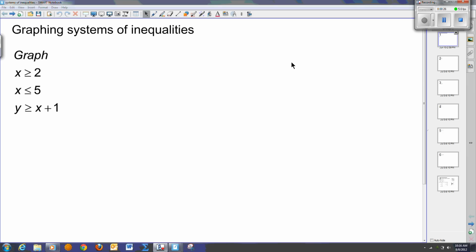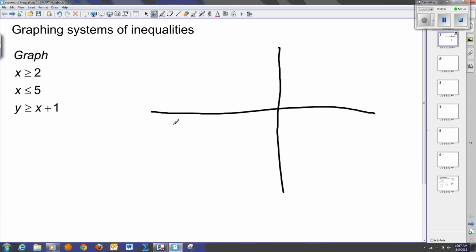So here we have our first example. In order to actually do these problems, we need to take a look at a coordinate graph. So let's draw one, just sketch it, nothing professional. We want to graph first the inequality x is greater than or equal to 2. If I mark 2 and draw an x equals 2 graph, it's a vertical line like this.